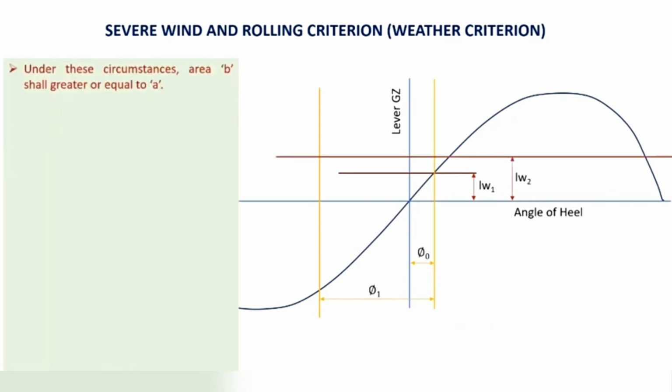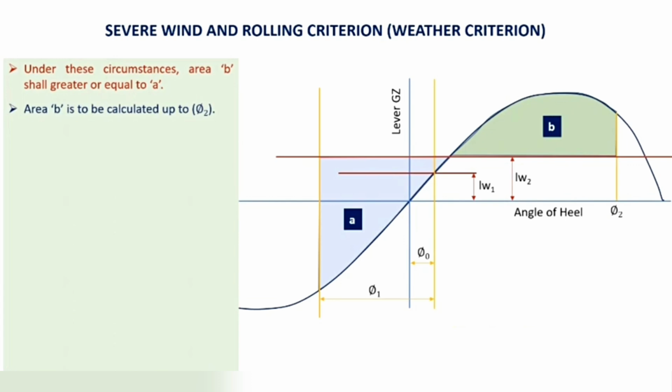Under these circumstances, area B shall not be less than area A, or B shall be greater than or equal to A, whatever you want to say. What is area A? This is area A. What is area B? This is area B, calculated up to what angle? It is calculated up to angle phi 2.